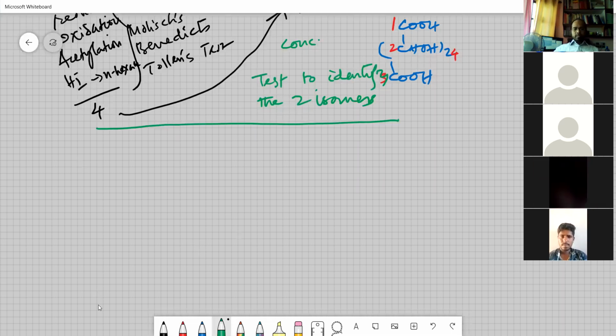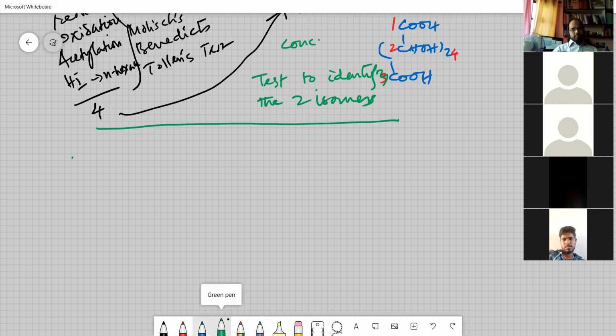However, I'll just again remind you about the reactions. Fructose on reduction with sodium amalgam. Fructose on reduction with sodium amalgam gives hexahydric acid. Okay, fructose.